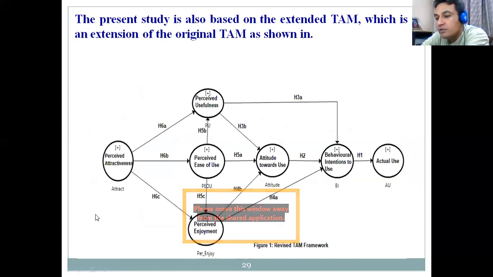One was perceived attractiveness, because a networking site has to be attractive. Second was perceived enjoyment. These are in the place of external variables. Remember? This all is TAM, and these are my additions to the model.